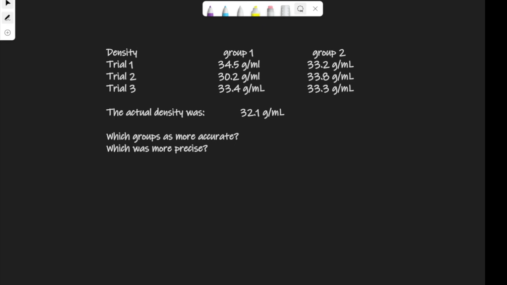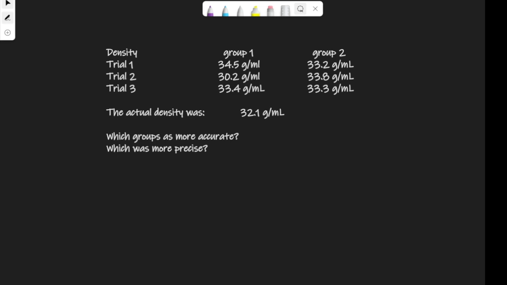Each group calculated the density of an object. We see that group 1 has 24.5 grams per milliliter, 30.2 grams per milliliter, and 33.4 grams per milliliter. Group 2 has 33.2 grams per milliliter, 33.8 grams per milliliter, and 33.3 grams per milliliter.